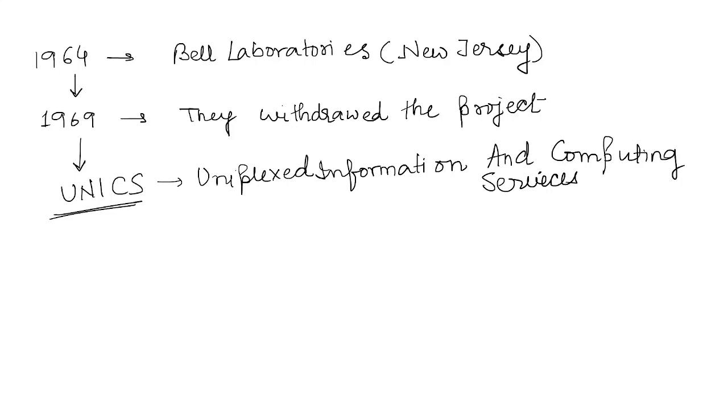Now let me tell you what project they were working on. As I said, in 1964 it started at Bell Laboratories in New Jersey. Bell Labs, along with MIT and General Electric, began working on a project called Multics.